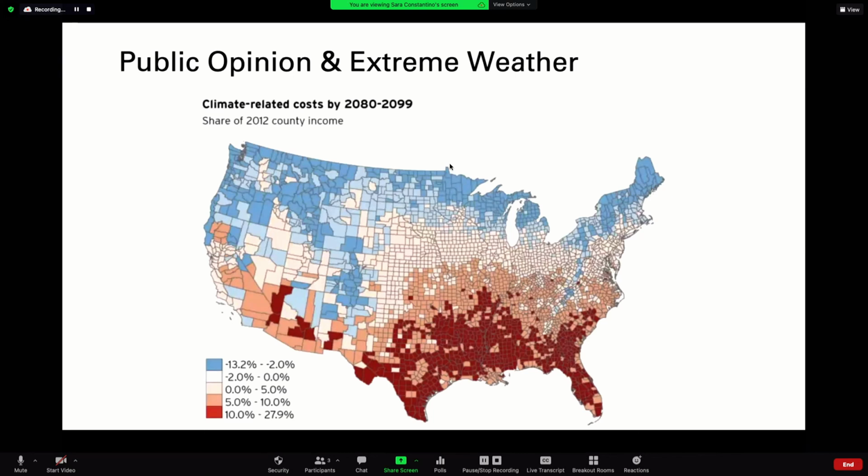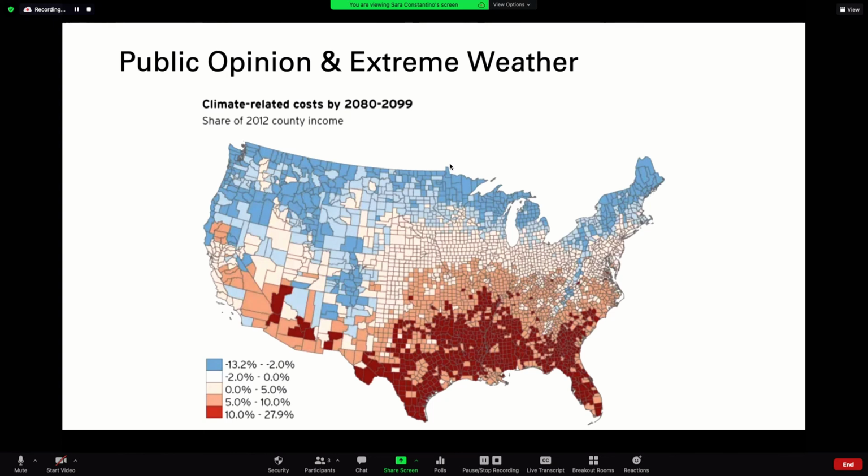So this suggests that something is changing in the perception, that these extreme weather events have some sort of impact. And this has led many people to ask, what might happen once these events become even more severe and more frequent, because they're going to hit a lot of areas that are predominantly Republican areas.